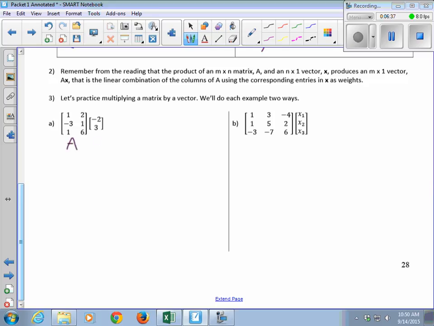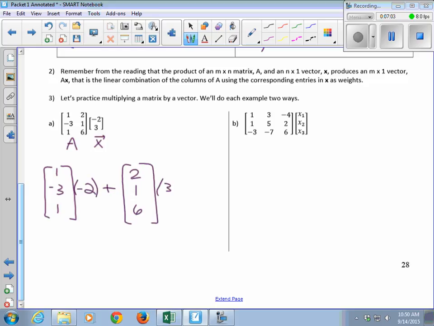So this is A, this is x. I take each column of A, 1, -3, 1, and use the corresponding weight from x. This one gets a -2. Then I add, because that's what a linear combination is, the other column of A, 2, 1, 6, times my scalar 3.